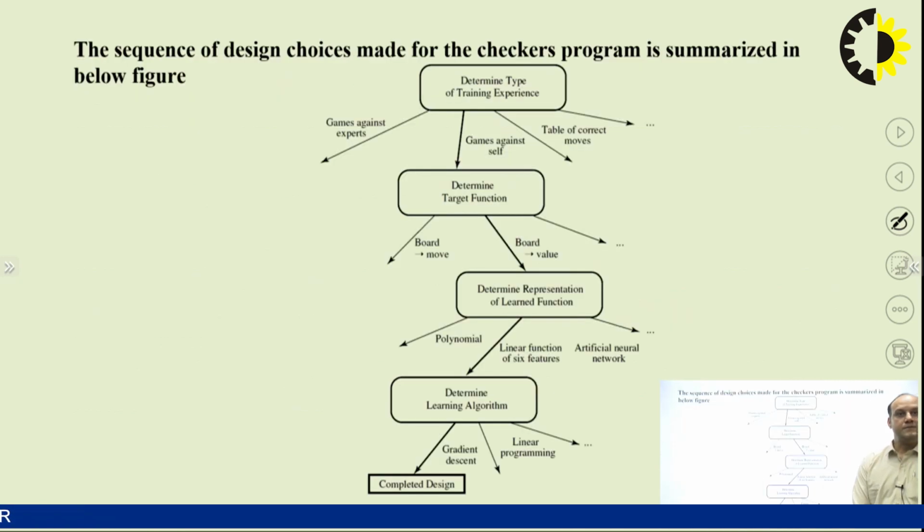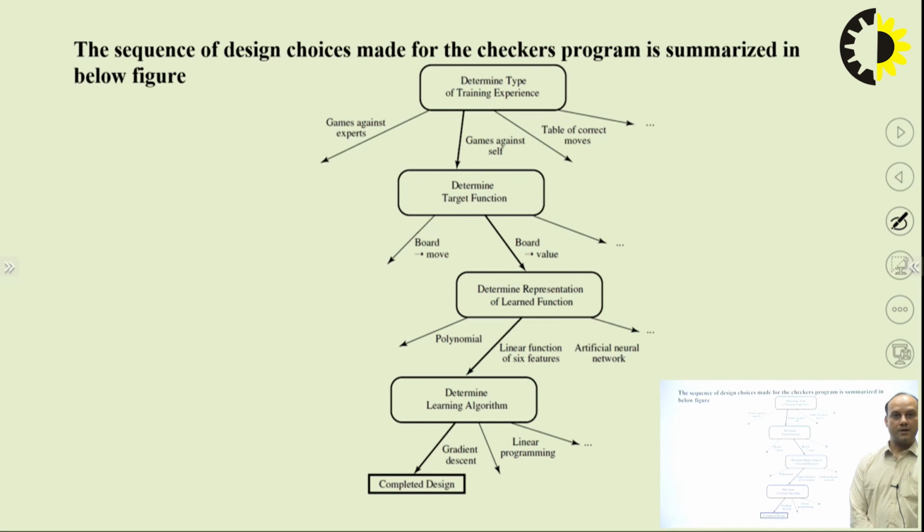Okay students, so this is my final design after these 5 steps, which can be summarized as follows. Number 1, we determine the training experience. We have assumed that we will learn by playing games against ourselves. Second step is we determine the target function.